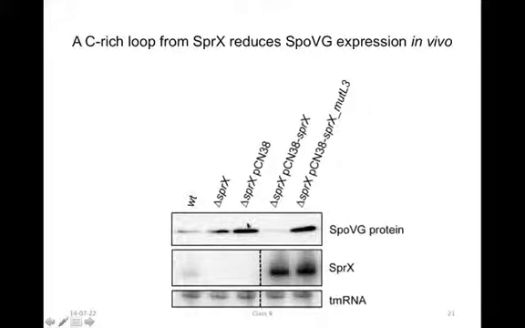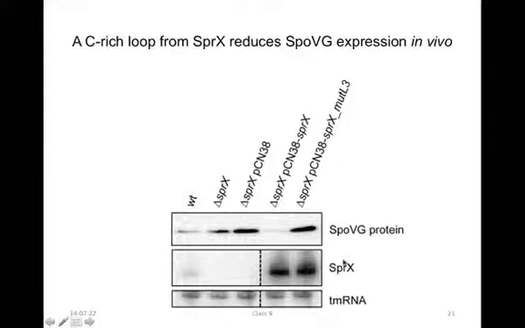Then if you add the plasmid, you get a stronger band. And if you overexpress SPRX, no band, it's gone again. But if you add the L3 region, where you delete the poly C region, it binds. So that poly C region is really important for binding.